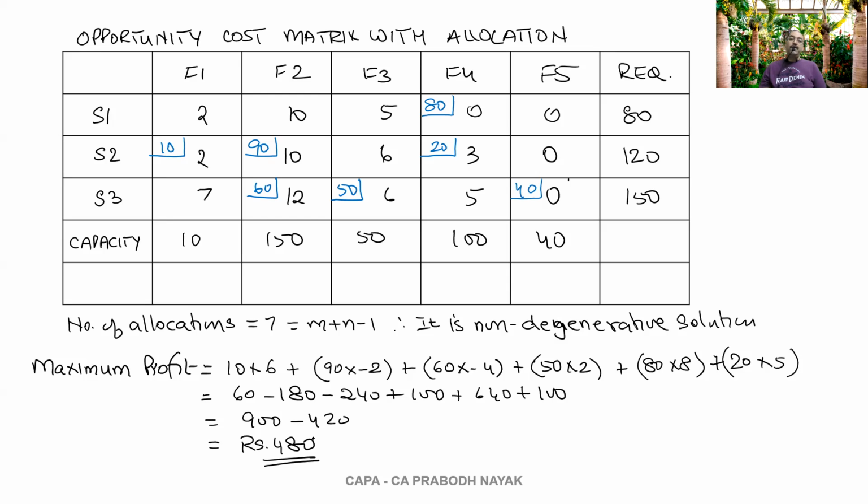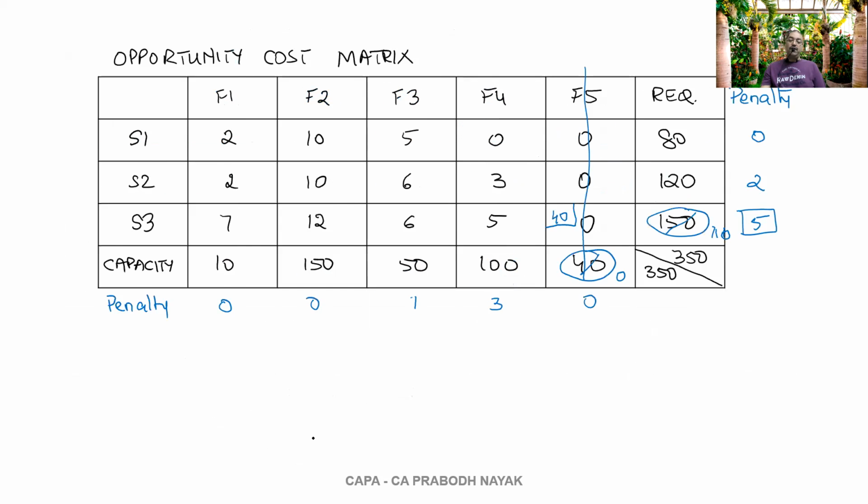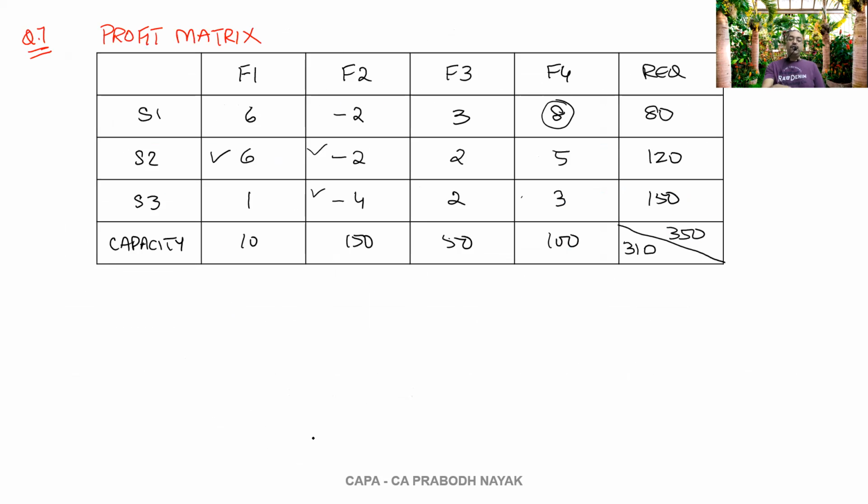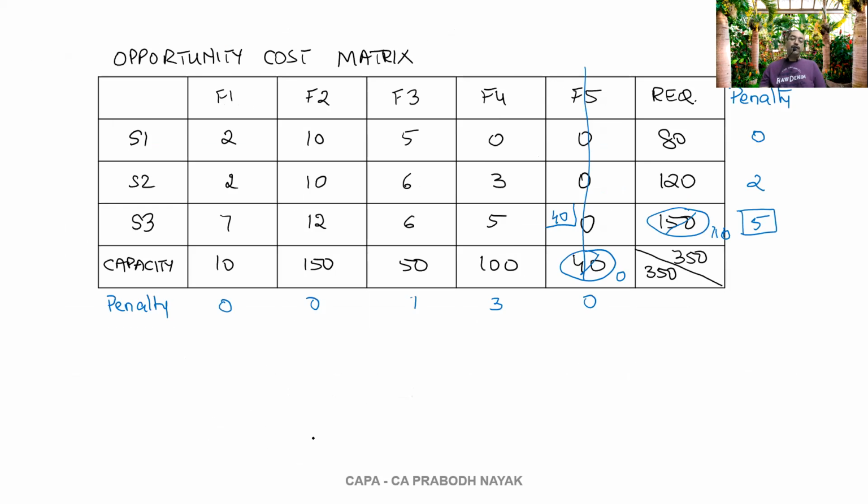So what are the steps here? First, you calculate the profit matrix. Second, you calculate the opportunity cost matrix. Opportunity cost matrix is calculated by taking the highest value. We took the highest value in the profit matrix, that is 8, and all the other elements are subtracted from 8 to get the opportunity cost matrix.